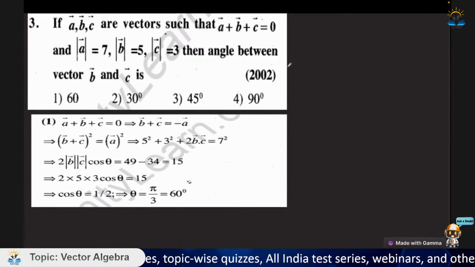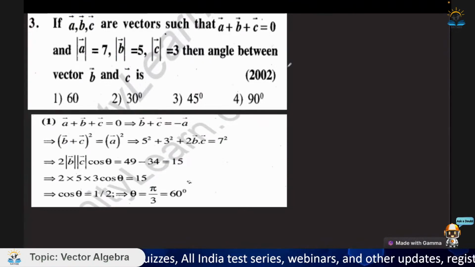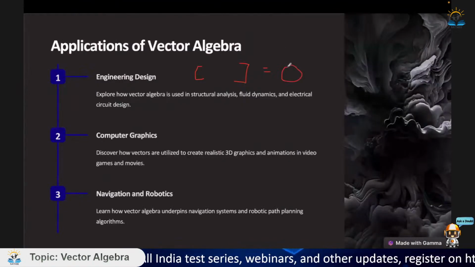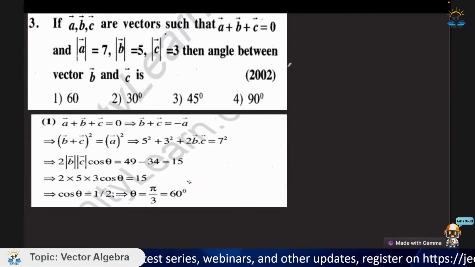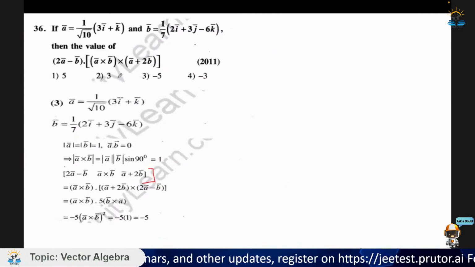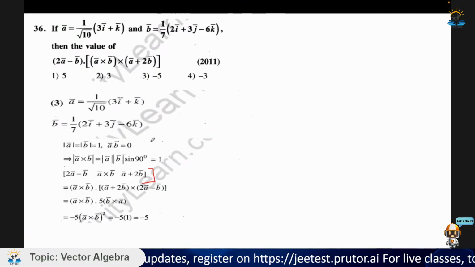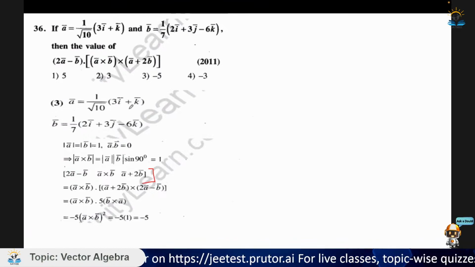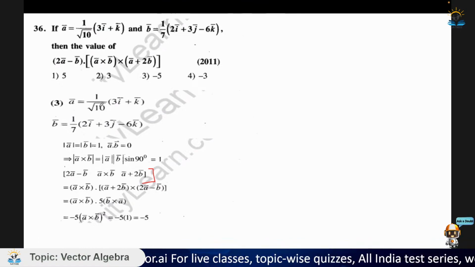When we are moving towards the end of the lecture, you will see that no independent formula will be used. You will always have to use some kind of mixed formulas. In this question, we have used the scalar triple product and the definition of a unit vector, which I had already told you. If the vector has a magnitude of 1, then it is a unit vector.